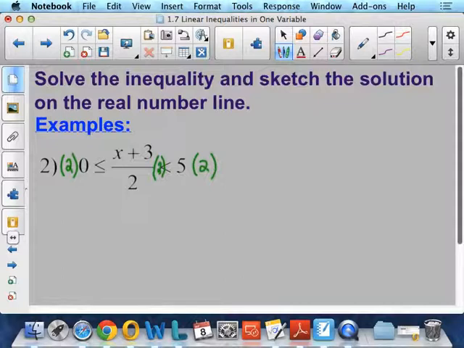So on the left-hand side, I have 0 is less than or equal to, the 2's cancel in the middle term, x plus 3 is less than 10. Okay, now I need x by itself. I'm going to subtract 3 from both sides, or all three sides.